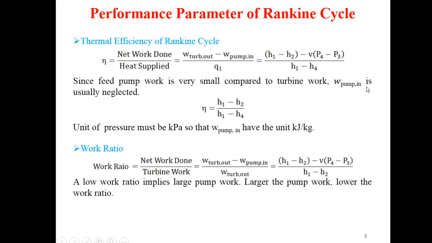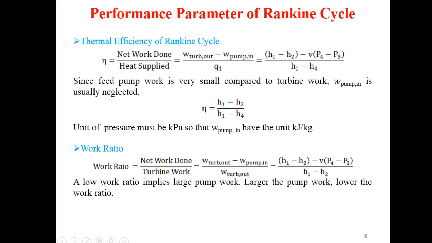Since feed pump work is very small compared to the turbine work, sometimes this W pump in is also neglected. So you will get this formula. But remember that unit of pressure must be in kilopascal, so that W pump in has the unit in kilojoule per kg.